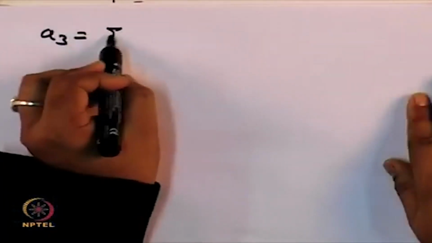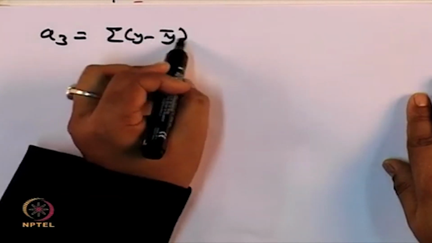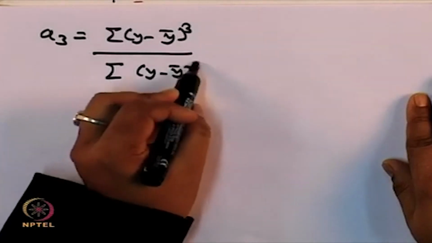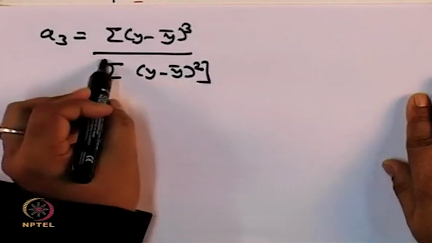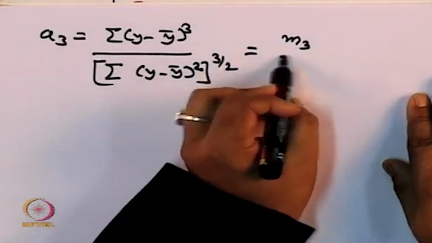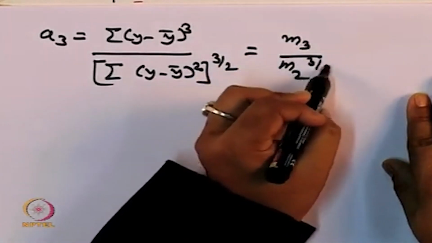Skewness is defined in a slightly different way: A3 is equal to the sum of (y minus y bar) whole cubed divided by the sum of (y minus y bar) whole square, whole to the power of 3 by 2. I can again rewrite this as m3 by m2 whole to the power 3 by 2.